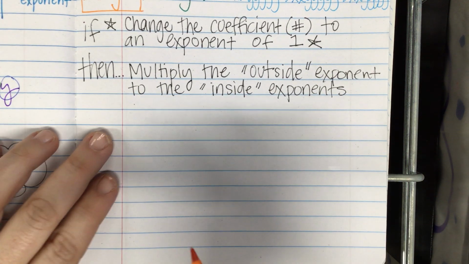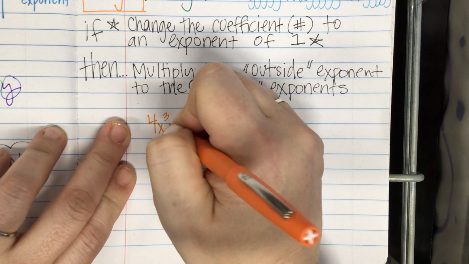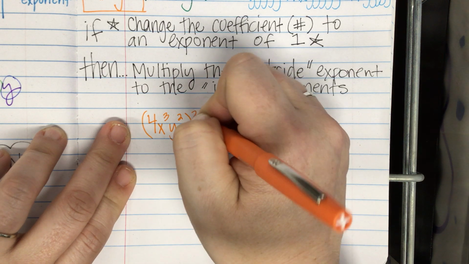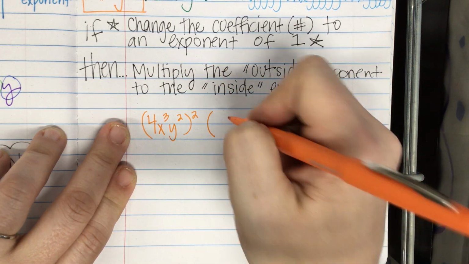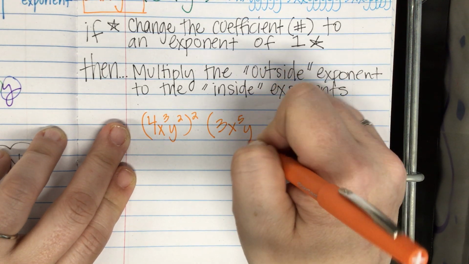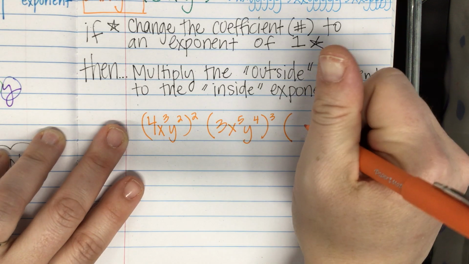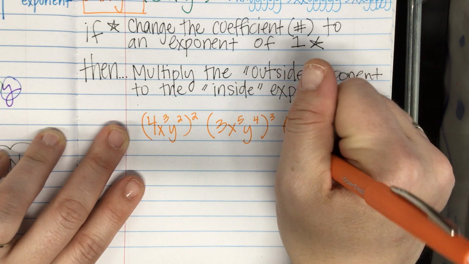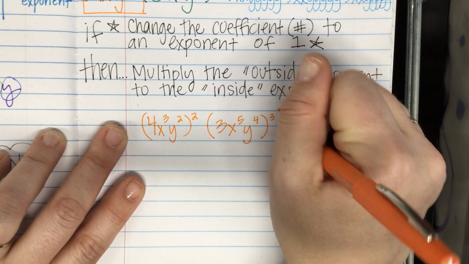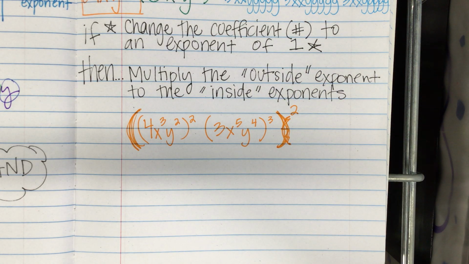Don't be scared. 4x to the third y squared times 3x to the fifth y to the fourth, all to the third, squared. What demonic thing have you made now? I mean, isn't it beautiful?